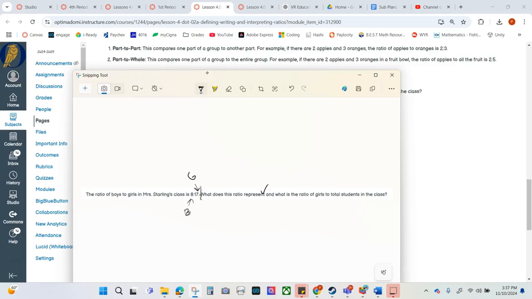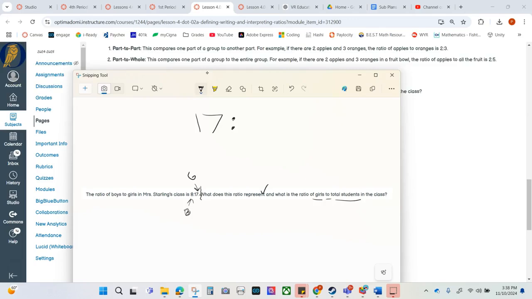And what is the ratio of girls to total students? So it wants us to come up with another ratio, a ratio of girls to total students. How many girls are there? Yep, there's 17 girls. I like writing my ratios with a colon. And then it wants how many total students are there?